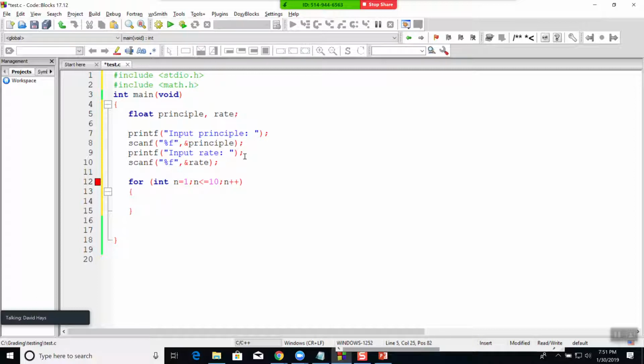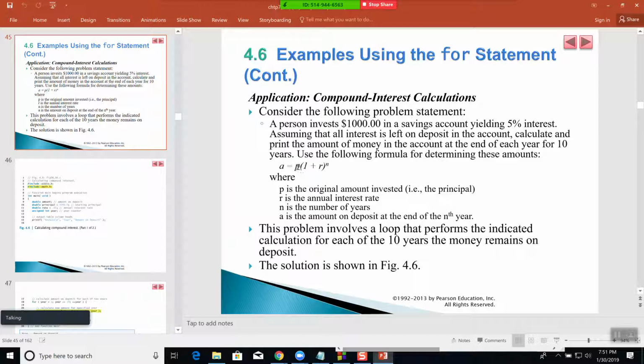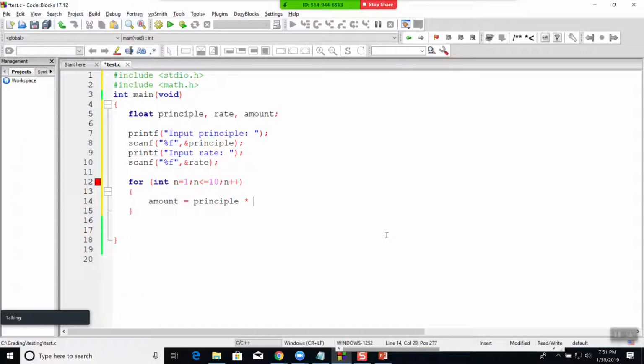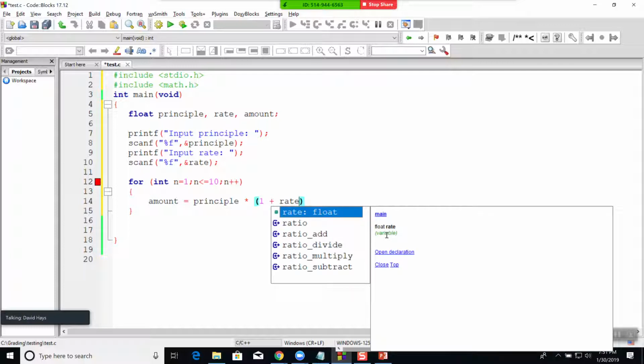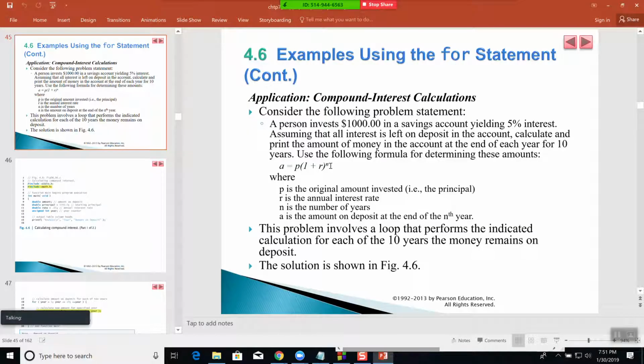And I guess I also need the amount. So here I'm going to say amount is equal to principal times, P times 1 plus R. So 1 plus R, which is rate. I guess I should have used R, but oh well. Now we need the power here, and that's where that math library comes in.